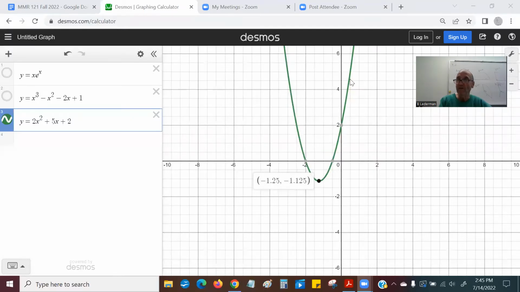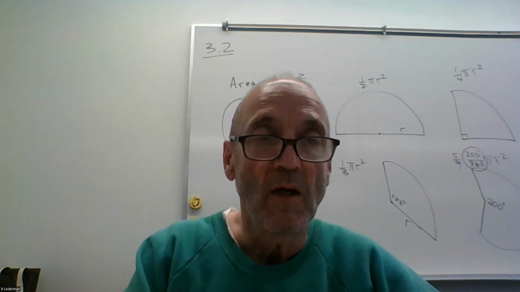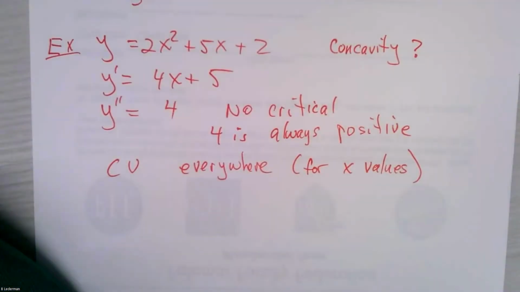This graph is concave up the whole time because the cave is pointing upwards. So that works beautifully. Okay, let's go back to where we were. I wanted to do a couple more examples. So let's go here.